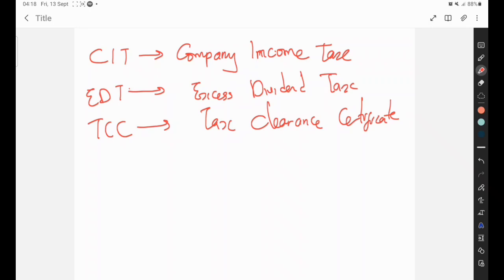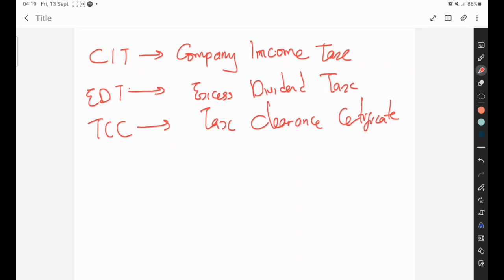Any company that generates above 25 million annually in gross profit. Any company that generates more than 25 million in gross profit annually is expected to pay company income tax.